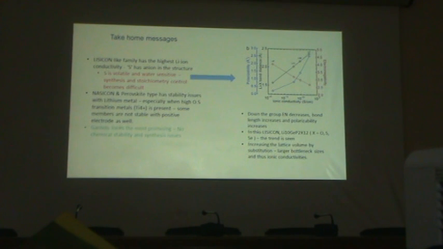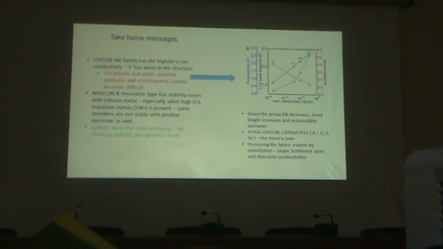One reason why, in the LISICON-type material, sulfur is one of the reasons you get high conductivity is this: when you check these lithium halides, the radius increases down the group, from fluorine to iodine. They found that the electronegativity decreases and the ion size increases. That means the polarizability is also increasing, so they can manage the negative charge better than the oxide ion.